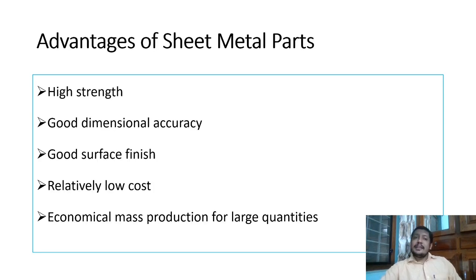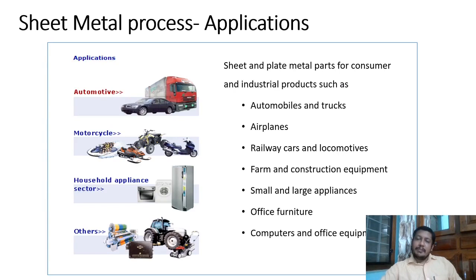The advantages of sheet metal parts are high strength, good dimensional accuracy, good surface finish, relatively low cost, and economical mass production for large quantities. And you can see sheet metal has wide applications in almost all sectors like automotive, household appliances and others.